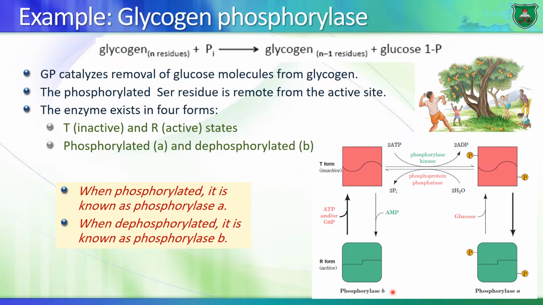Now, can you have phosphorylase B, which is dephosphorylated, in the R state? Can you have it active? Yes, you can, but mainly it is in the T state. Can you have a phosphorylated enzyme that is inactive? The answer is yes, you can have it in the T state. But mainly when phosphorylated, phosphorylase A prefers to be in the R state.